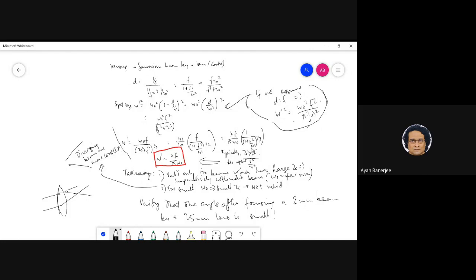If you do not have the lens, or you have a more diverging beam, this assumption is problematic. You can also have a lens that is not very highly focusing. A very weakly focusing lens, where f is much larger, basically.